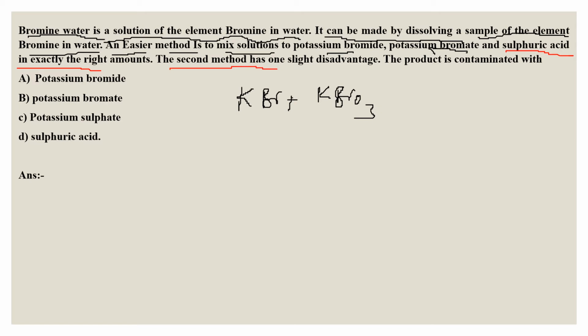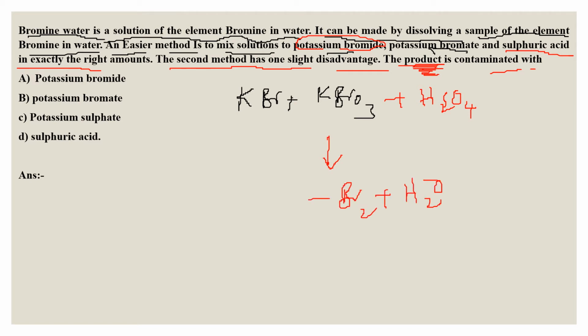The second method has one slight disadvantage. The product is contaminated with dash. Generally, KBr, potassium bromide, plus potassium bromate plus sulfuric acid, H2SO4. If you add these three substances, bromine in water is formed, and one more substance, potassium sulfate.